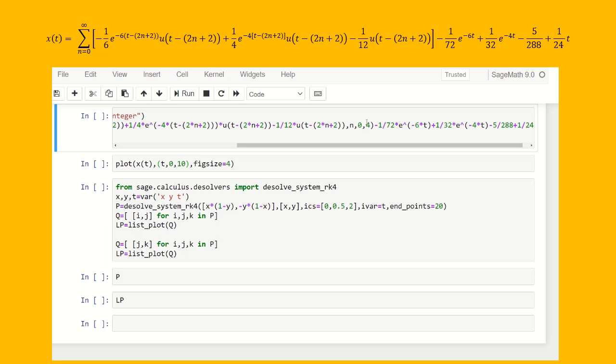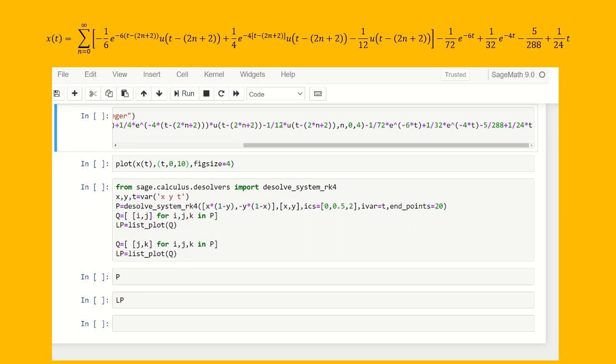In our solution, n should go from 0 to infinity, but if I let n go from 0 to 4, that gives me enough terms involving these unit step functions just to show me what the graph looks like, basically between 0 and 10. And after that sum, as we see at the top of the slide, we also have some extra terms. Minus 1/72 times an exponential plus 1/32 times another exponential minus 5/288 plus 1/24 times t.